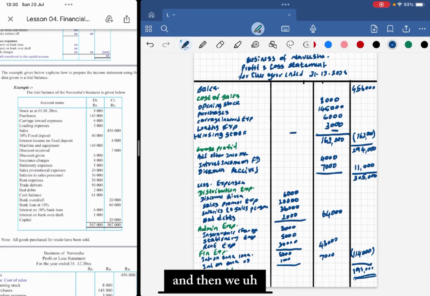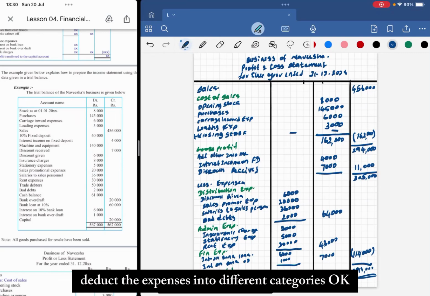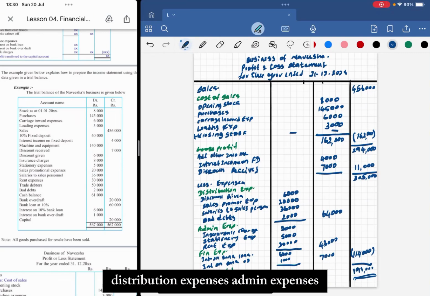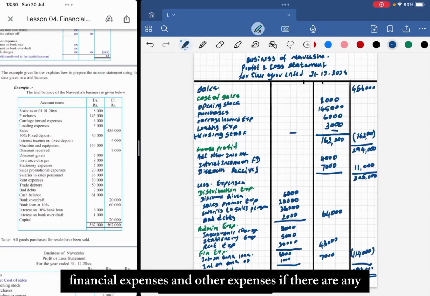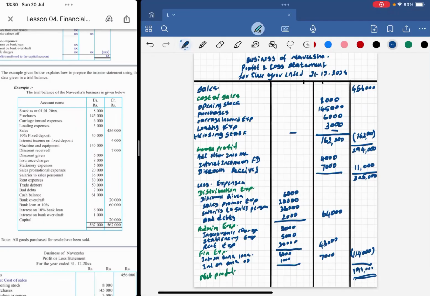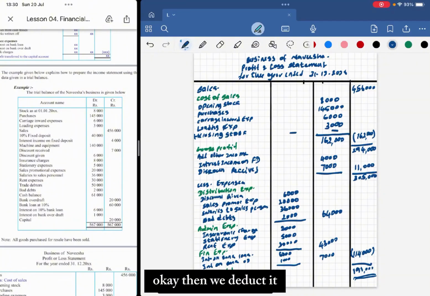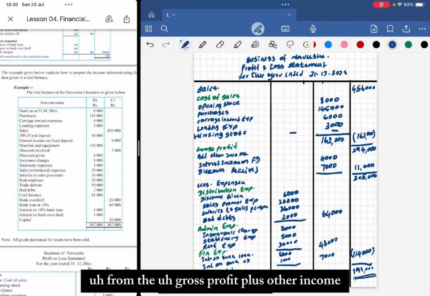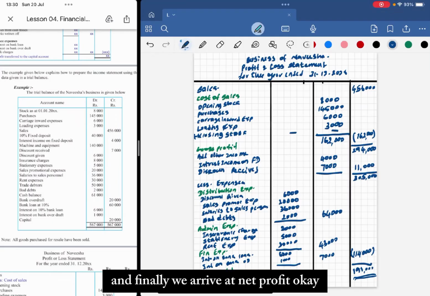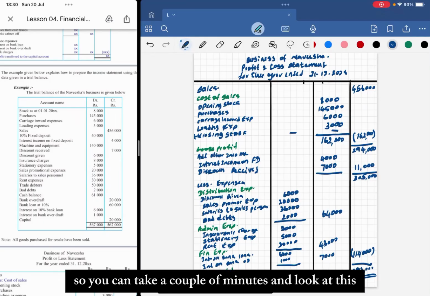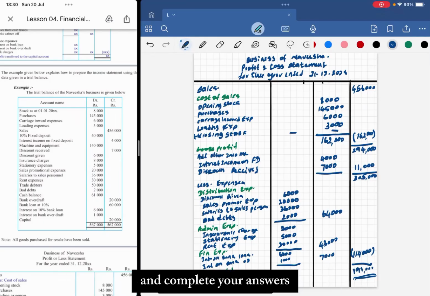And then we deduct the expenses into different categories. Distribution expenses, admin expenses, financial expenses, and other expenses if there are any. Then we deduct it from the gross profit plus other income, and finally we arrive at net profit. So this is how we calculate it. So you can take a couple of minutes and look at this and complete your answers.